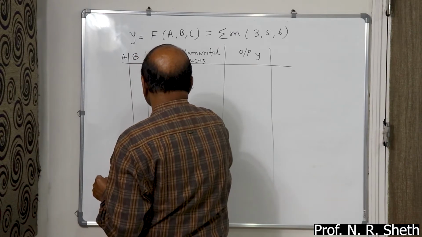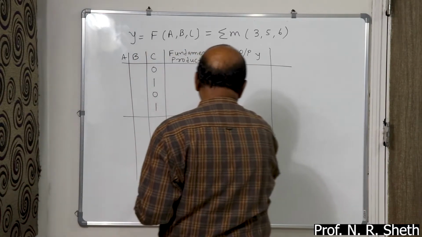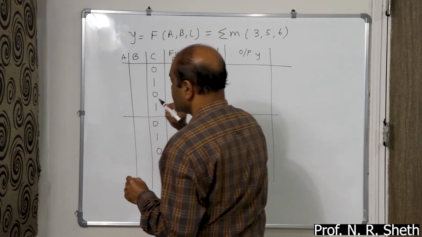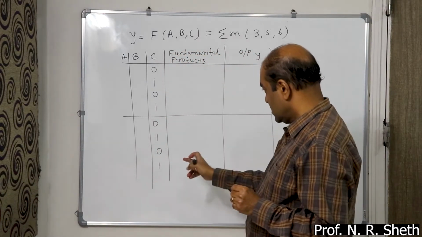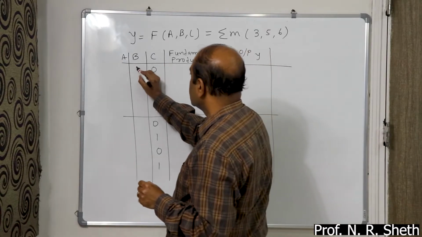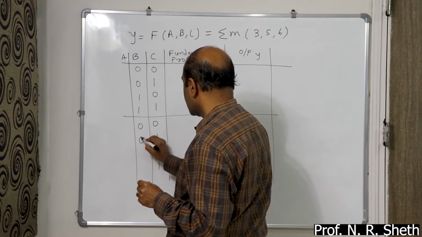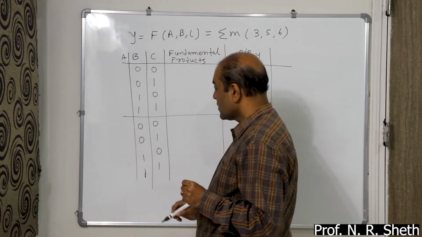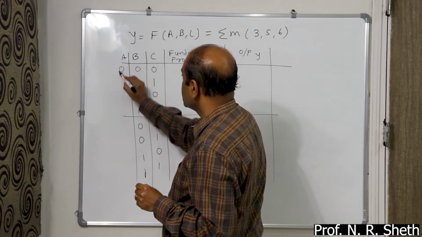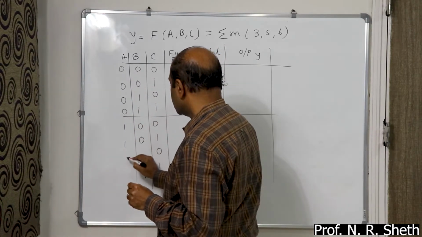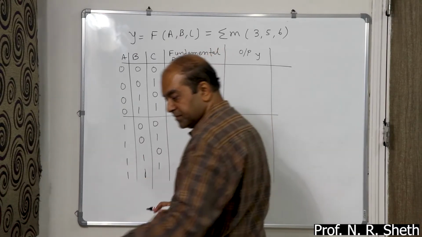Column A: 0 1 0 1, again 0 1 0 1. Column B: 0 0 1 1. Column C: 4 times zeros, 4 times ones.